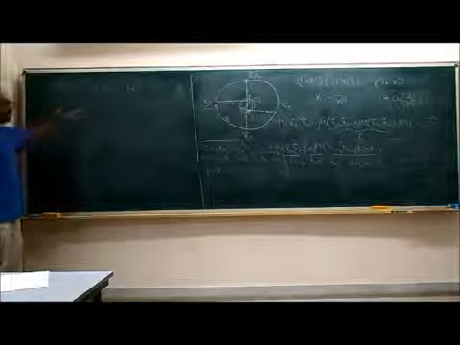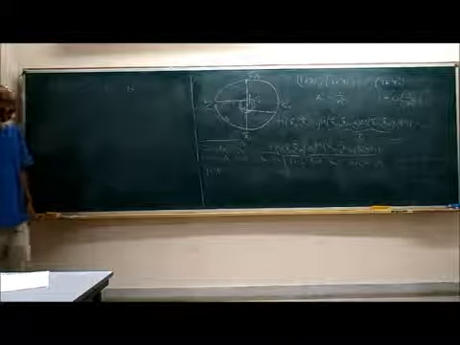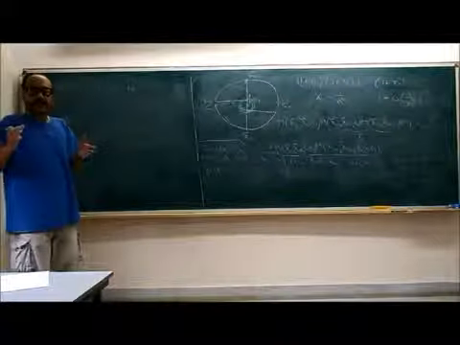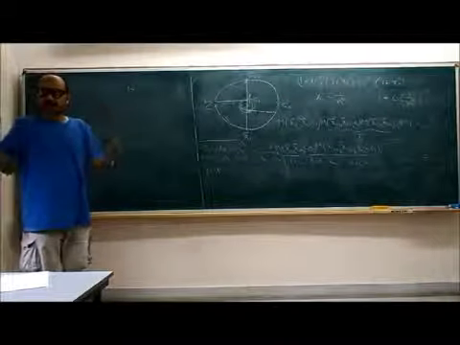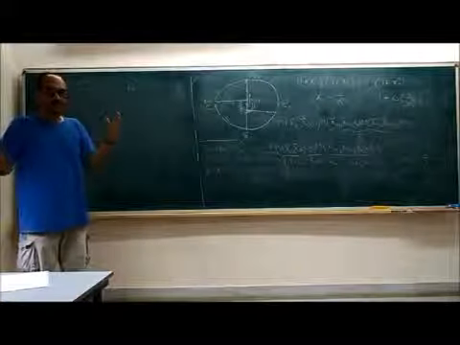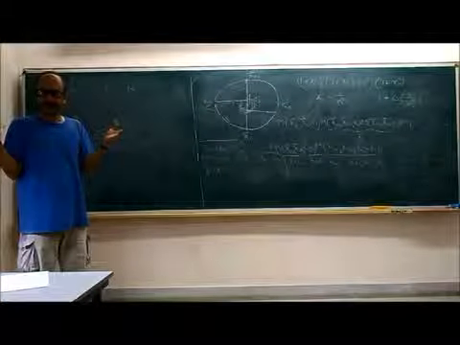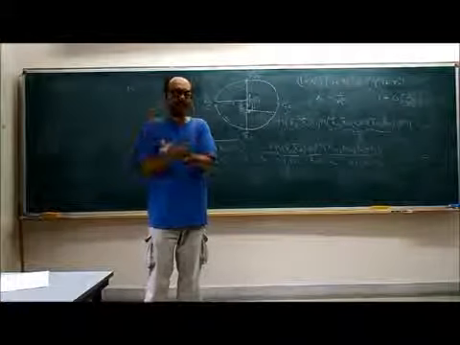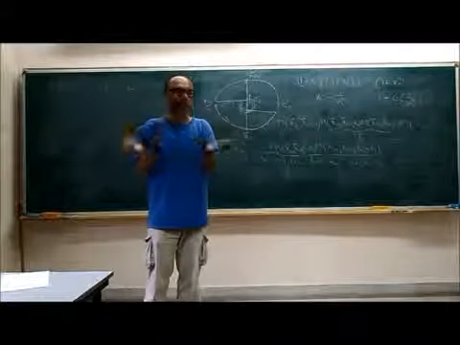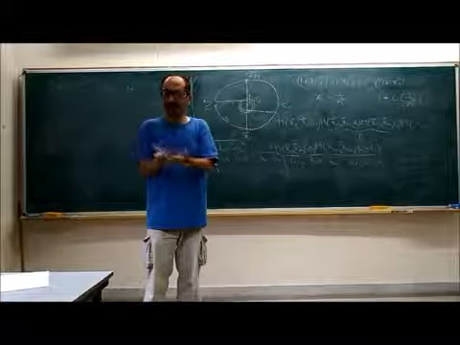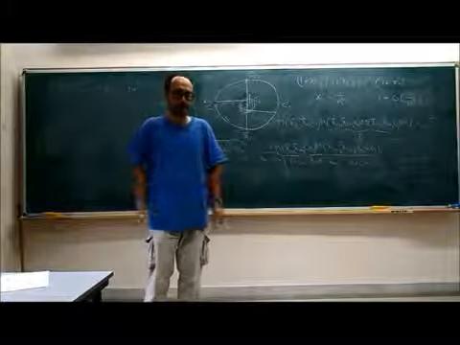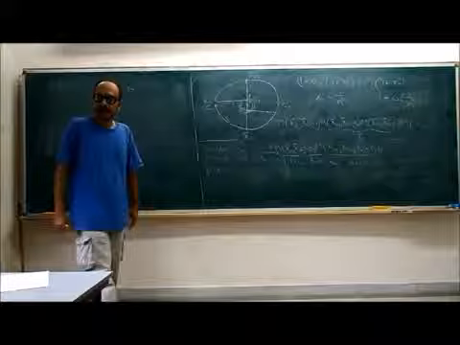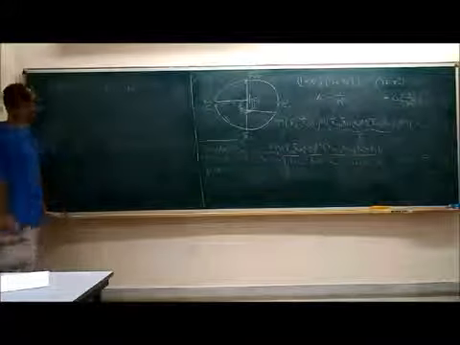Now suppose this n-dimensional manifold can be described by writing a set of equations in a higher dimensional flat space. Just like the surface of a sphere, you can write as x squared plus y squared plus z squared equal to s squared in 3-dimensional Euclidean space. Let's suppose that something like this can be done.